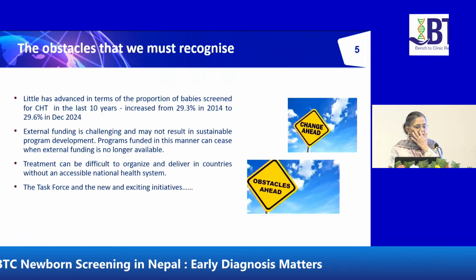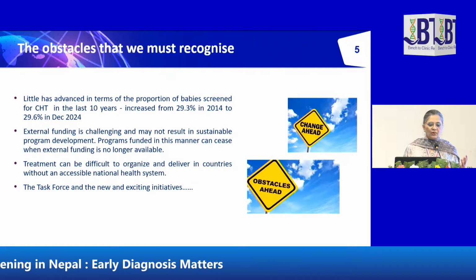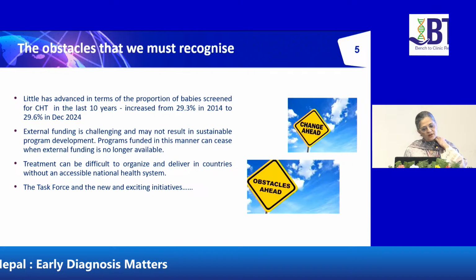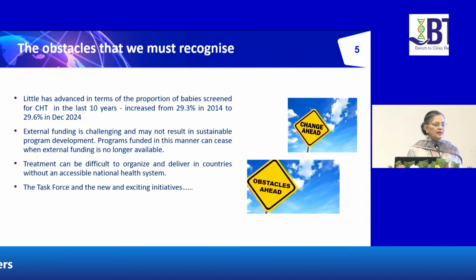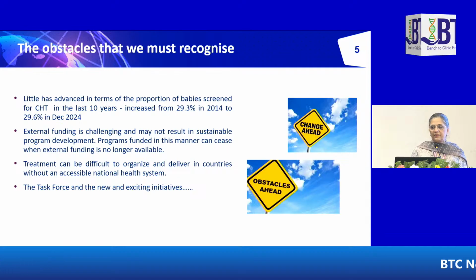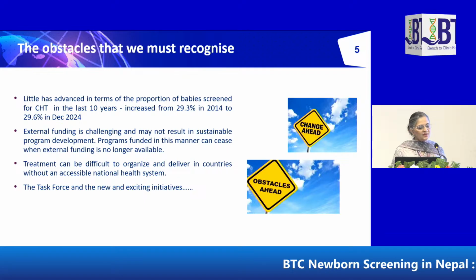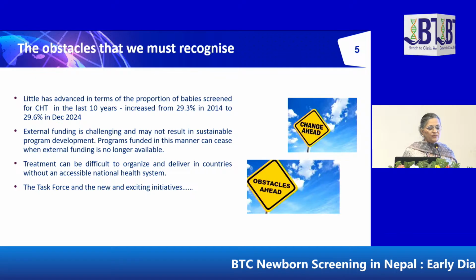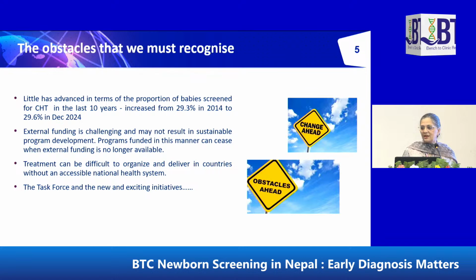Yet little has advanced in the proportion of babies screened for congenital hypothyroidism in the last 10 years. The literature shows an increase from 29.3% in 2014 to only 29.6% till December 2024, so the proportion of babies screened is not increasing around the world.